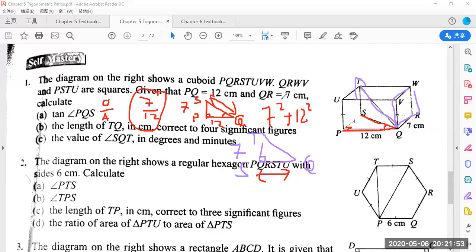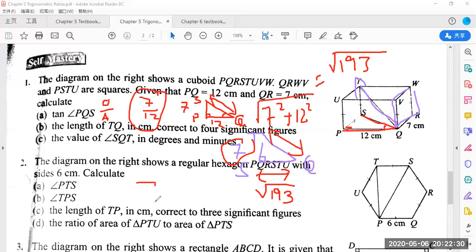Then equal to how much? The answer is square root of 193. So we leave it here. So this length is square root 193. Then we know the 7 and square root 193, so we can find TQ.